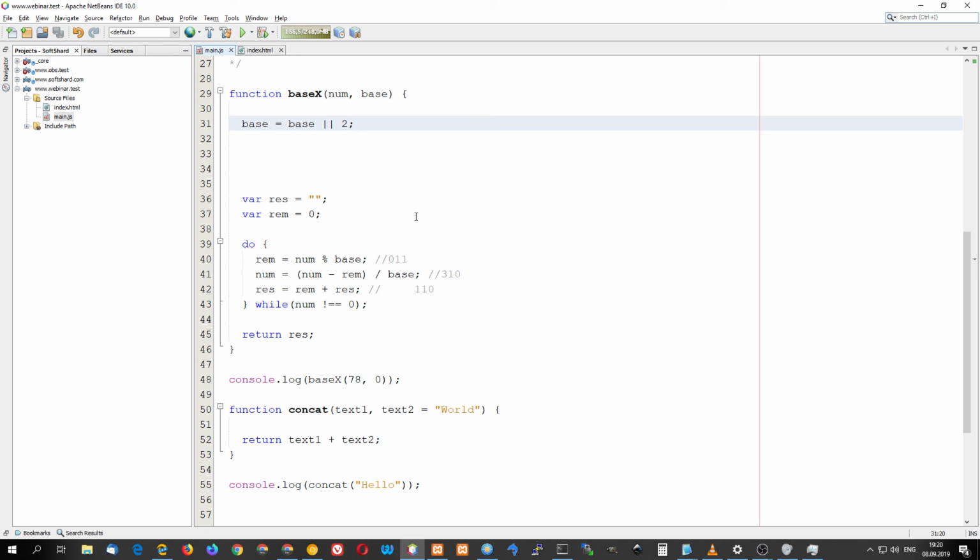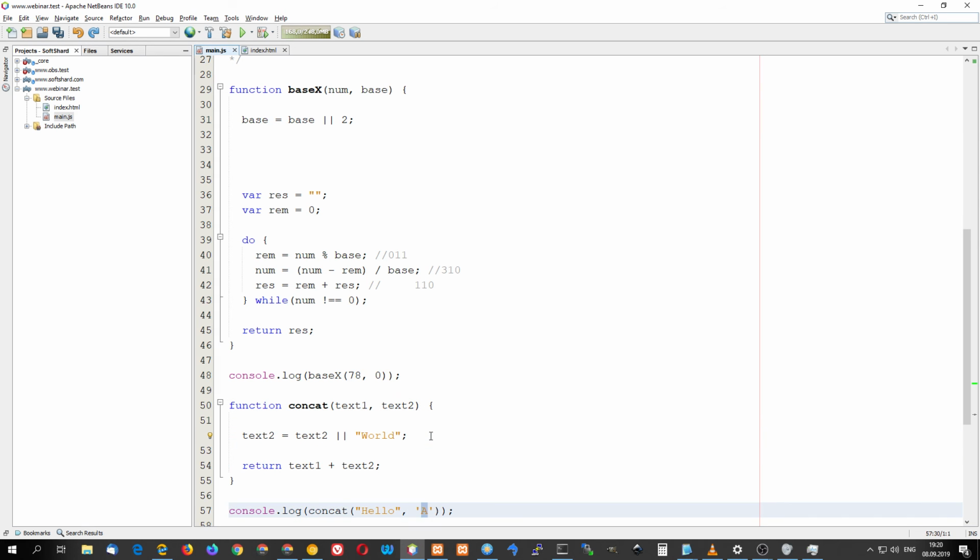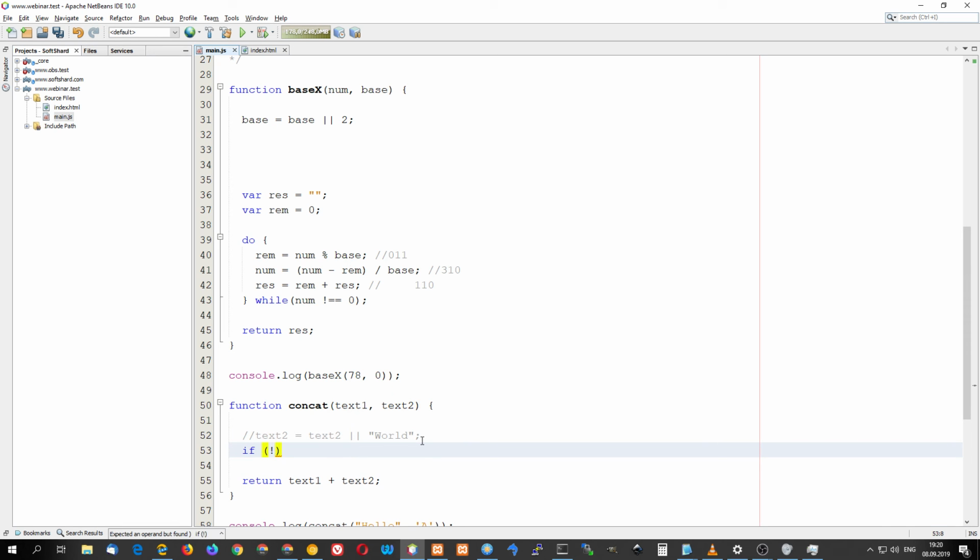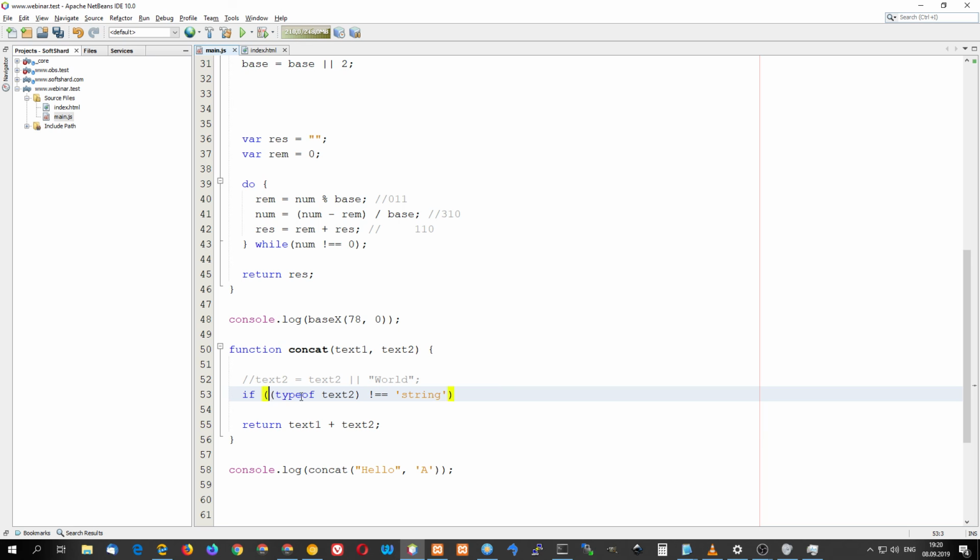You can type something like: if the type of text is different from string, the default. We would probably have to go with undefined here. Okay, what would this do?